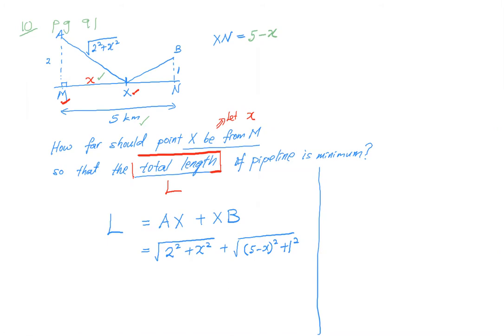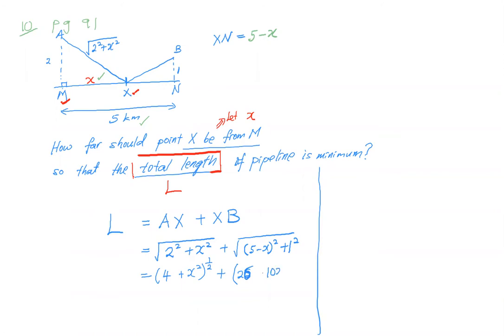Okay, so can you please simplify this? So it will be 4 plus X squared, the whole thing to the power half, right? Plus, if you expand this, it will be 25. Okay, I put it as 26 because 25 plus 1 will be 26.